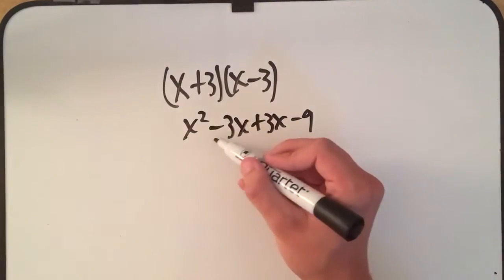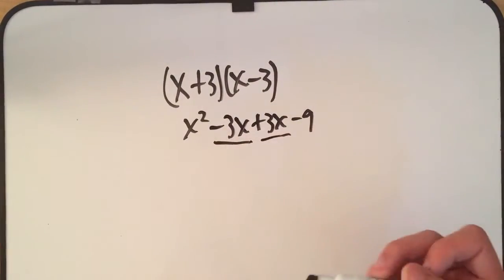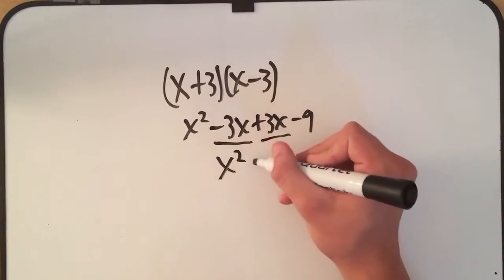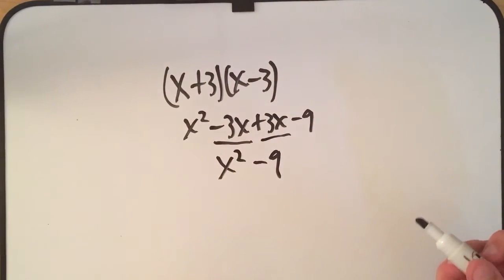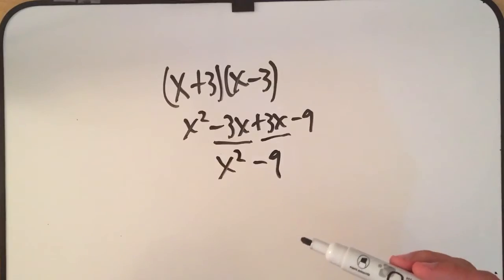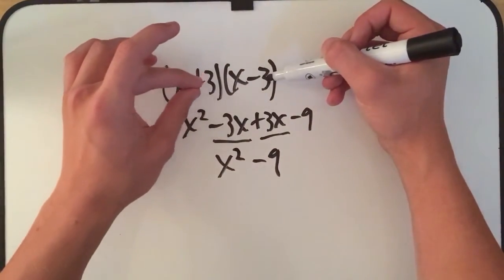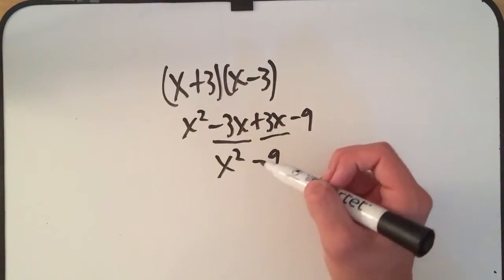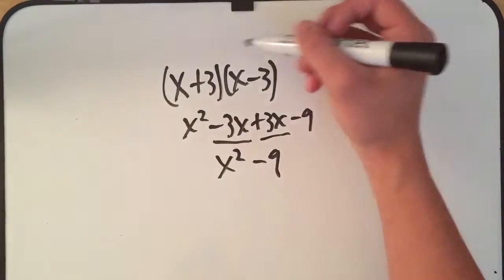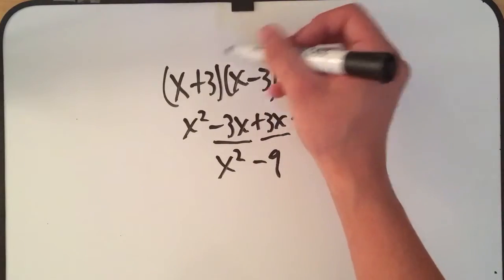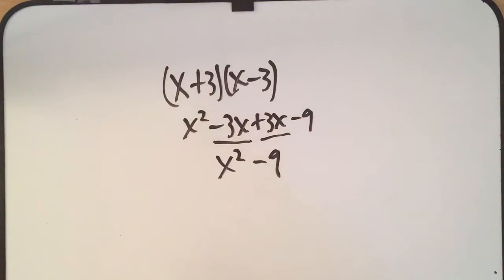And notice the two 3s cancel out. So basically all you really did was times the first and you times the last, which gave you x squared minus 9. If you see two that are the same numbers, but a plus and a minus, you can write it like that.